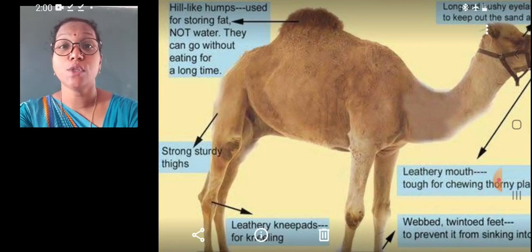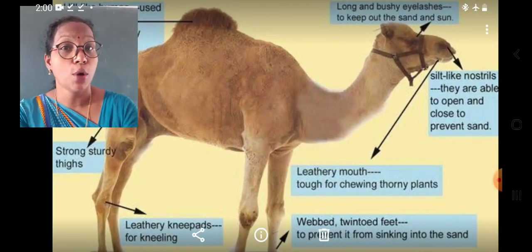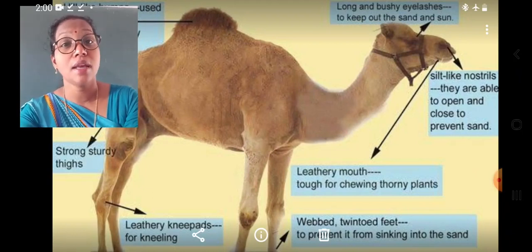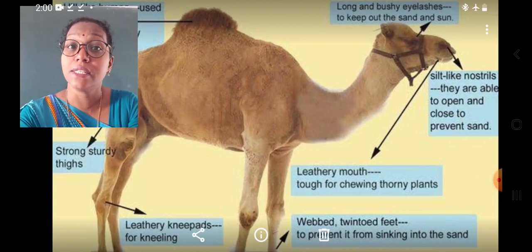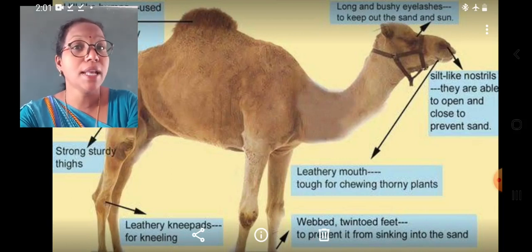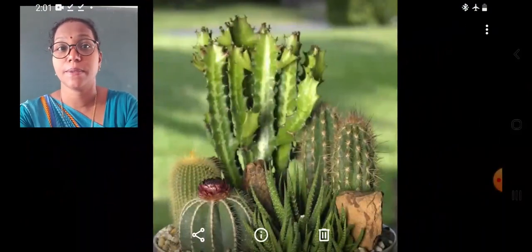When the food is not available for many days, they use this fat to provide energy in their bodies. The camel can live without water for many days. This is also an adaptation found in the camel that makes it live easily in the desert.